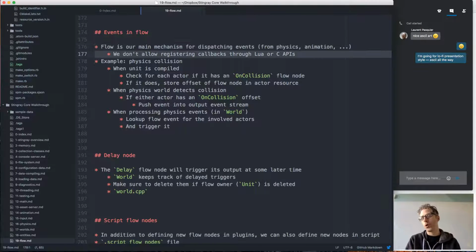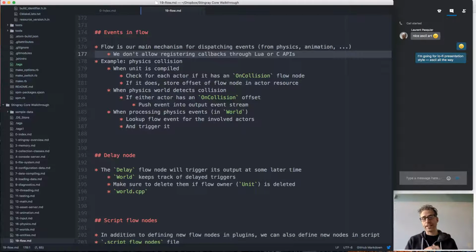I don't know if it's totally the best choice still. I'm thinking that allowing registration of Lua or C callbacks would be a good thing. I think we should still have the approach that we always process events at the highest level. So we should still process the events in the world.